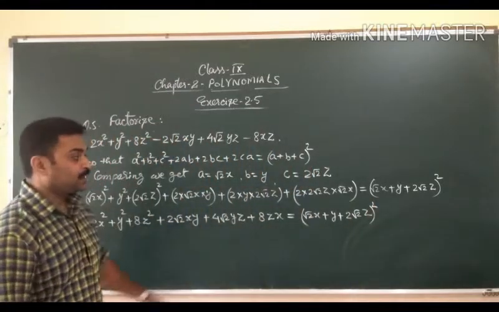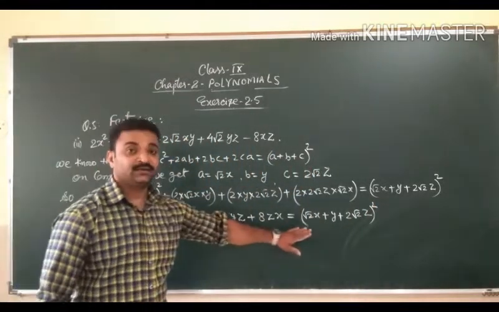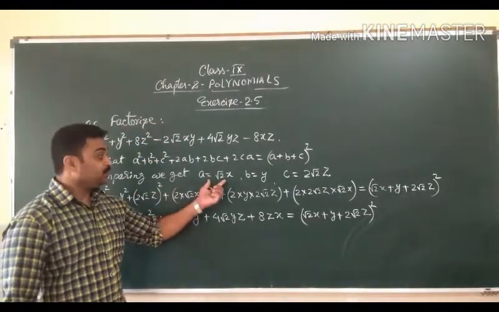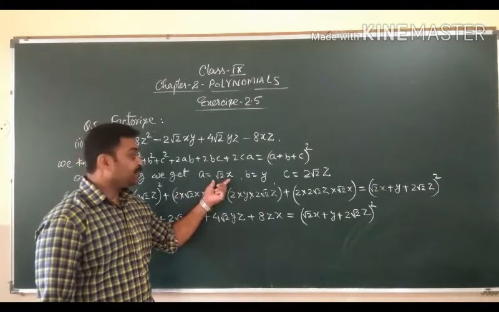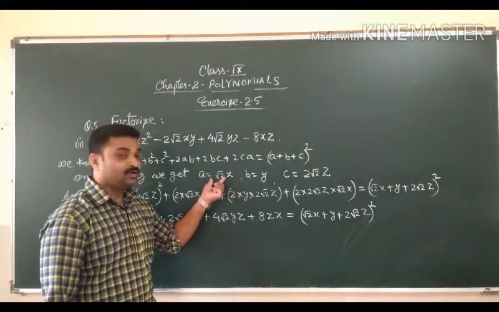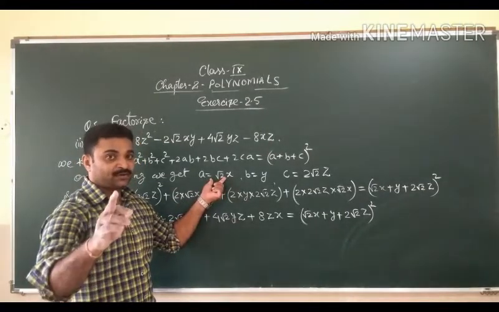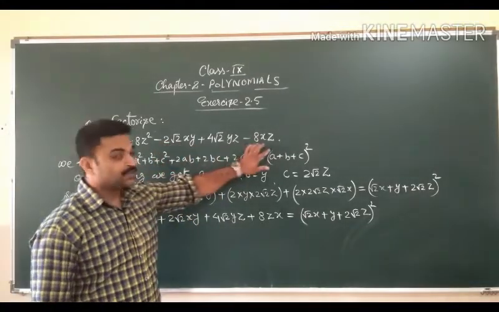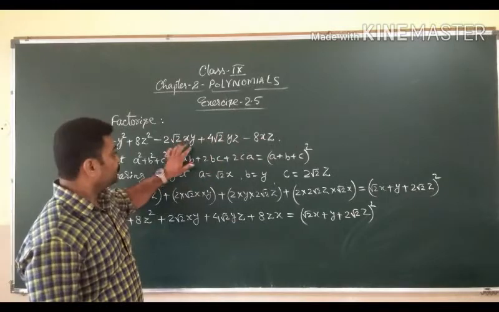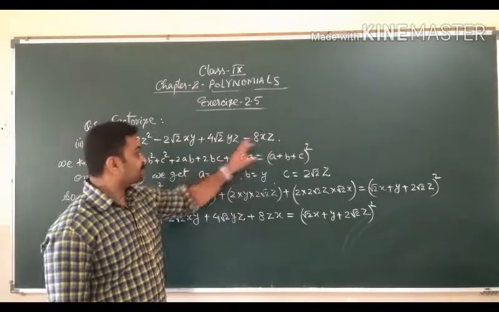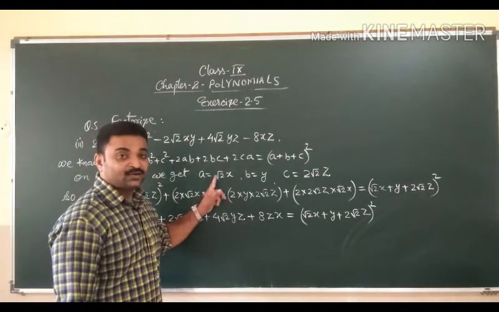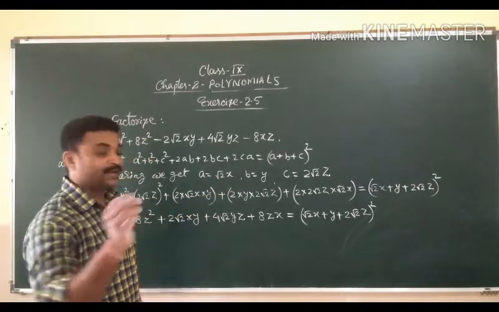So students, our question is not completing here. Why? Because we haven't taken a is equal to minus root 2 x. Remember what I told you, that if two terms are negative and these two terms contain x, then we have to take a is equal to minus root 2 x.